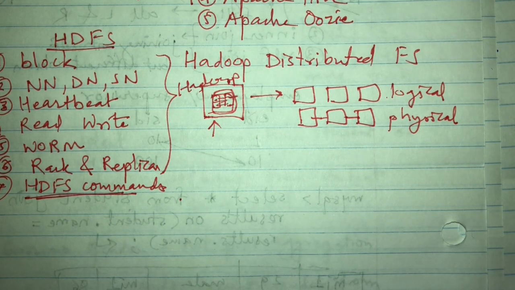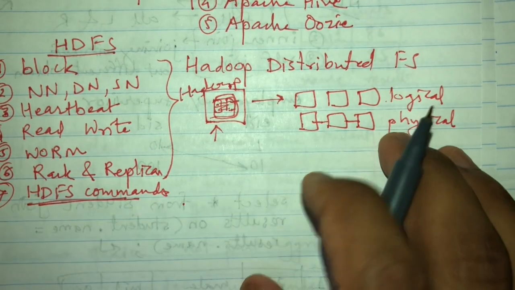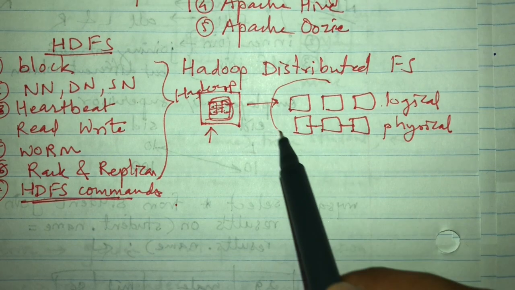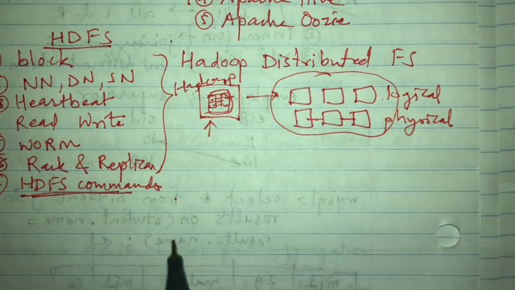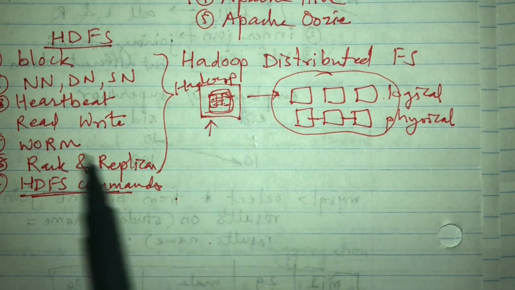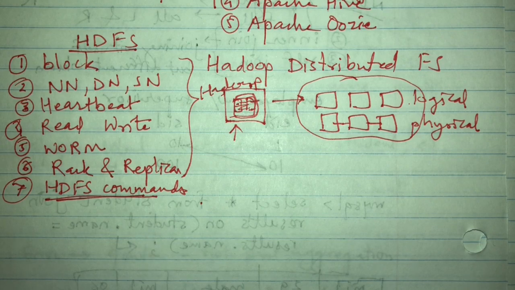So that means they can talk to each other, they can communicate with each other, they can share information with each other. It doesn't matter whether they are connected logically or physically. So in the back end, all these systems are distributed across the globe, but you don't get that feeling, and that's the magic of a distributed file system. So that's why it is called Hadoop Distributed File System.